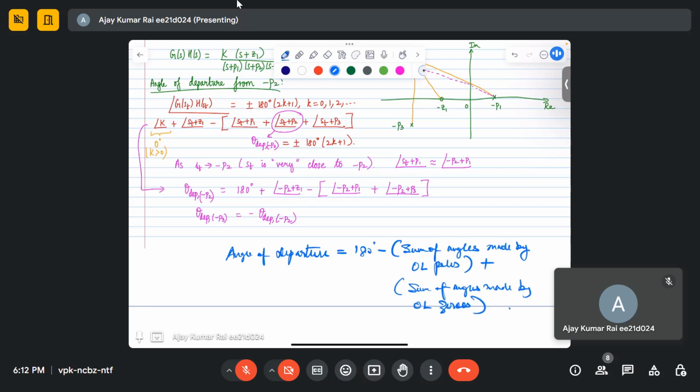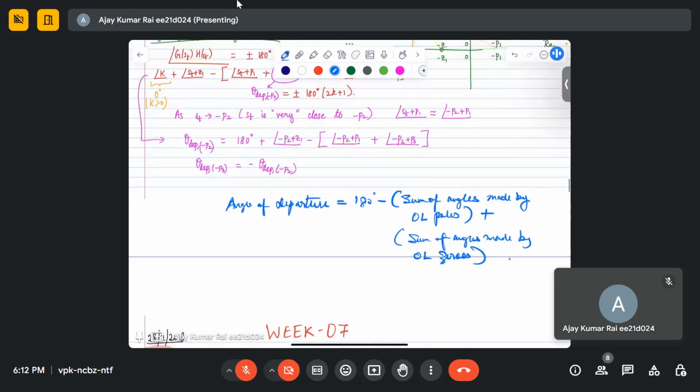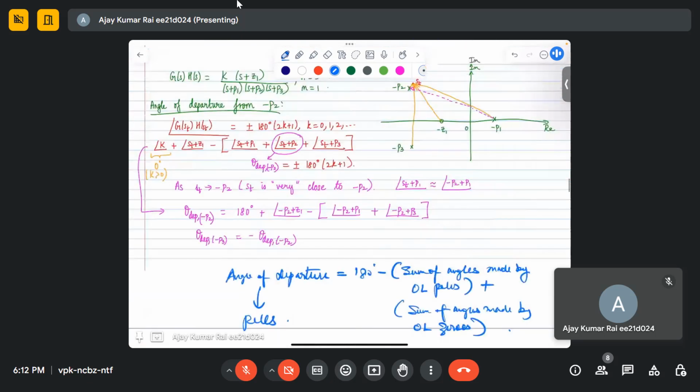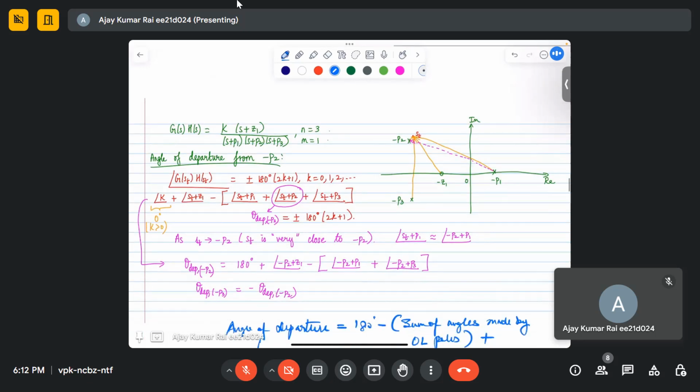This is at the point we are trying to find out. This is for poles, right? This is the formula, and they have done the calculation and written it here.